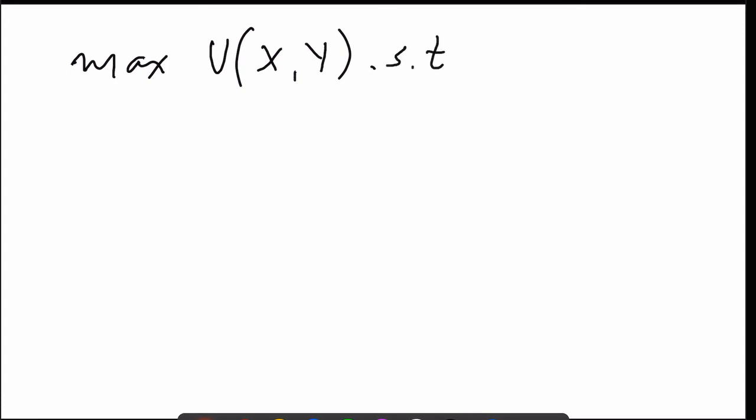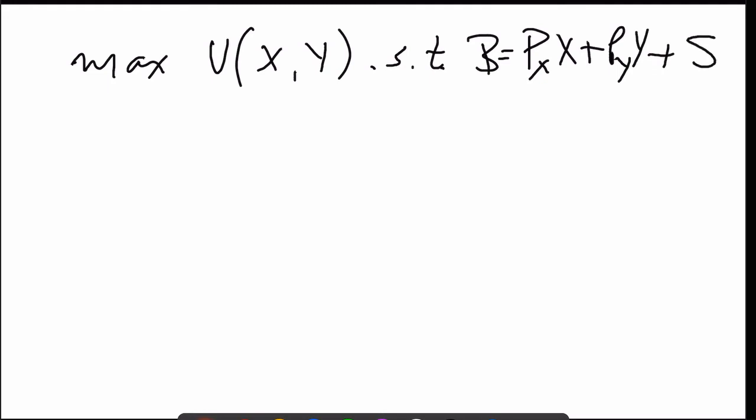So the easiest way around that would be to say, well, easy conceptually, not easy in terms of necessarily solving, but I have two goods, X and Y, and I'm subject to B equals PxX plus PyY plus S. Now S, because I just used the word savings, you might think that stands for savings, but no, S stands for slack.